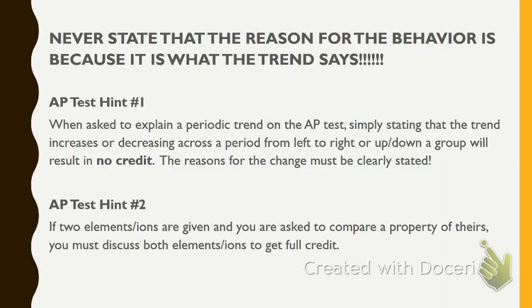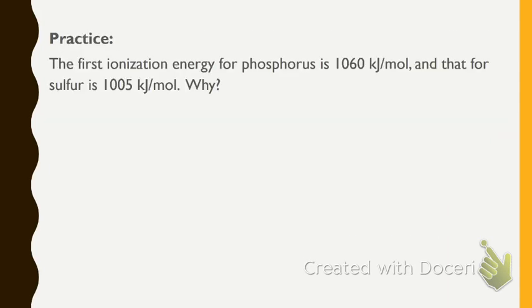If you only discuss one of them, that's not the reason for the second one. That is a big thing in AP Chem. Discuss both that they're asking about. All right, practice. We're almost done.